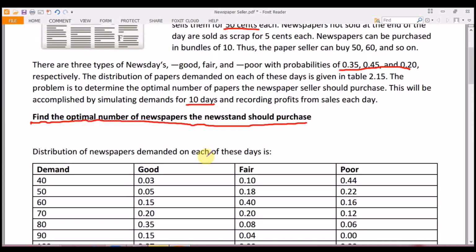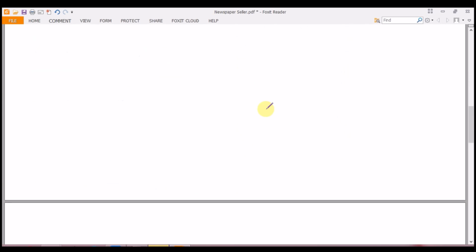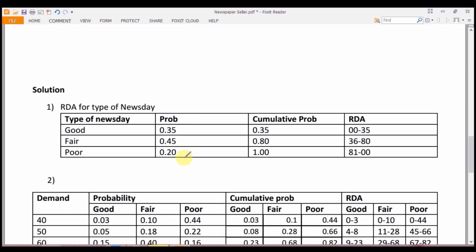So we just write that down. We calculate the cumulative probability, so 0.35 remains the same, 0.80 is got by adding these two, 1 is got by adding this. Random digit assignment starts from 0 to 35. Then the next class starts from 36 to 80. Then 81 to whatever is above. So this is done for type of news day.